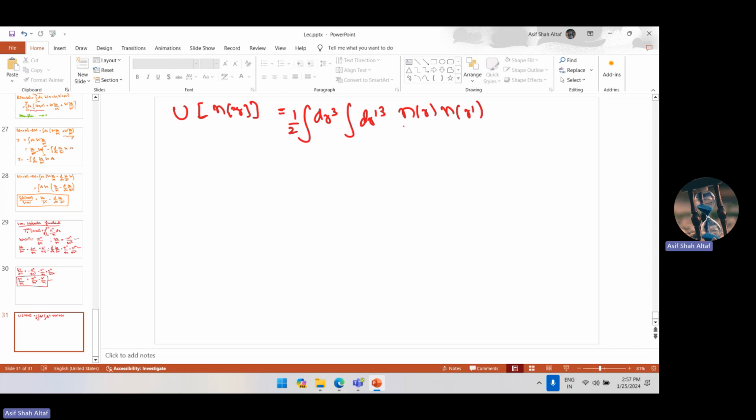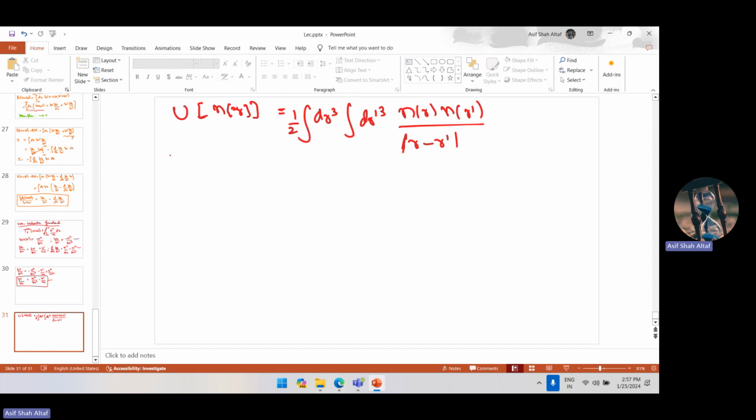It's a non-local functional, fine. And here n of r is the electron density. So what we are interested in is basically calculating the derivative of this functional, and what this defines is basically the electrostatic interaction between one electron and other electrons.